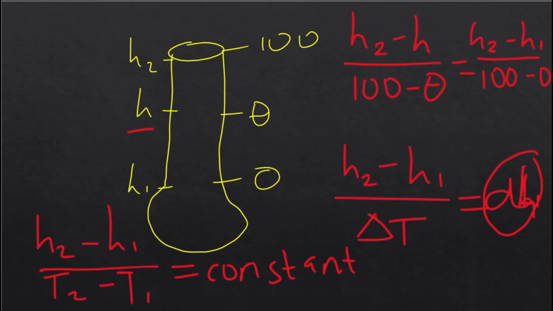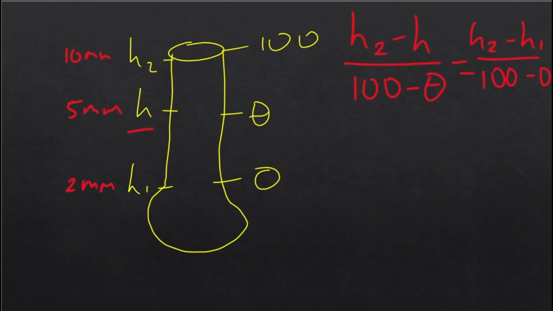So the point is, if they give you a thermometer that is not calibrated and they give you some arbitrary height of the thermometer, you can calculate the temperature at that height based on the freezing point and the boiling point, or the ice point and the steam point. Let's use these example values of the height to calculate the temperature theta at the height 5 millimeters.